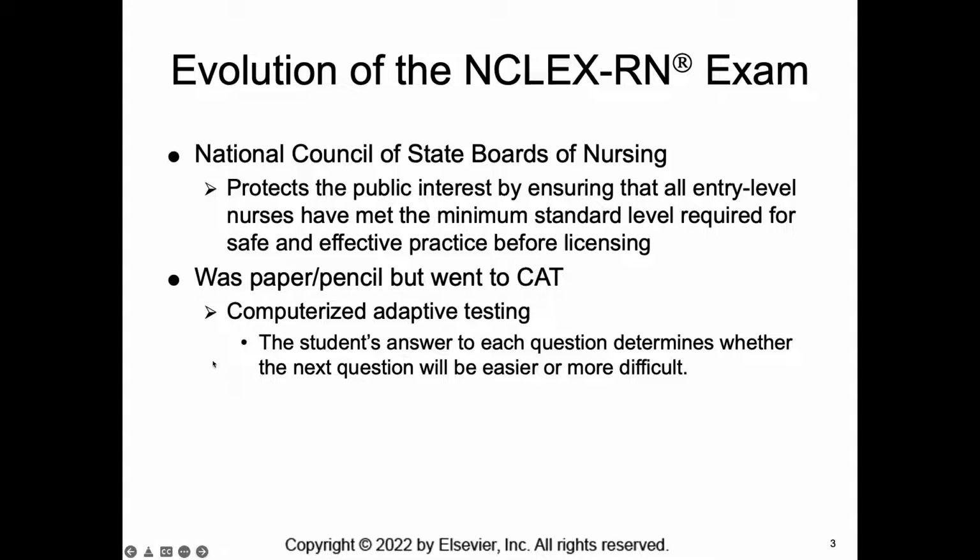So the test is given by computerized adaptive testing, and as you answer each question, the adaptive test will determine whether the next question will be easier or more difficult. So if you start answering questions and you're getting them right, then the test will get harder.